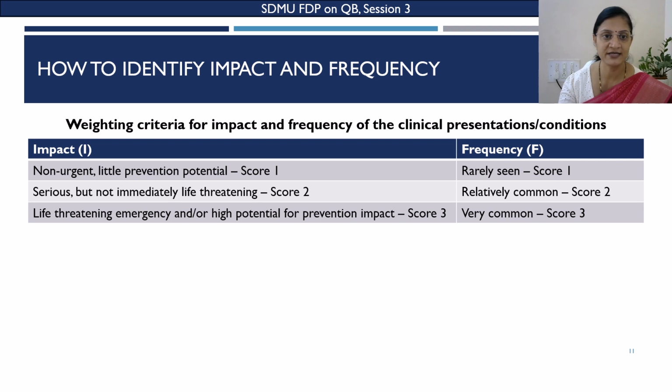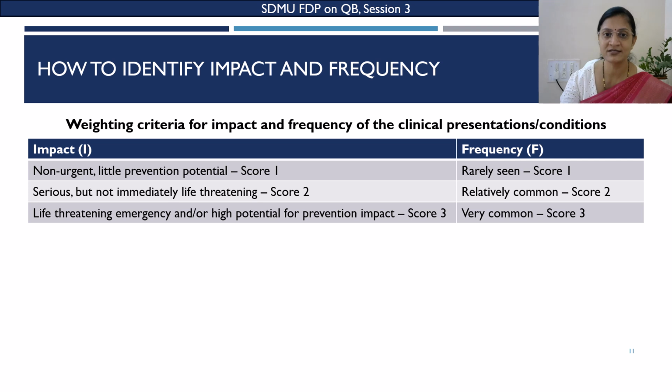If it is very serious but not immediately life-threatening, give a score of 2. If it is a life-threatening emergency with high potential for prevention impact, give a score of 3. That is the impact, meaning how important that particular clinical condition is and how frequently it occurs. Based on that, we are going to give weightage in our assessments also.